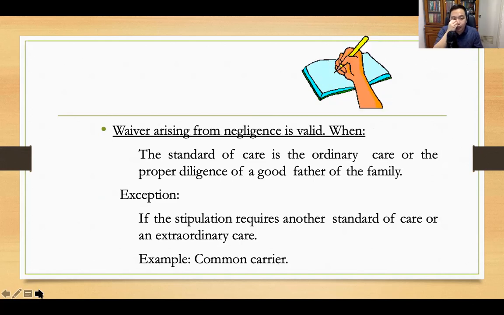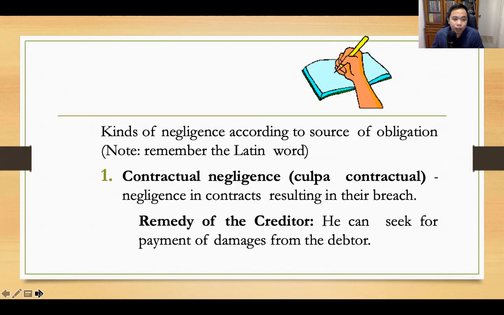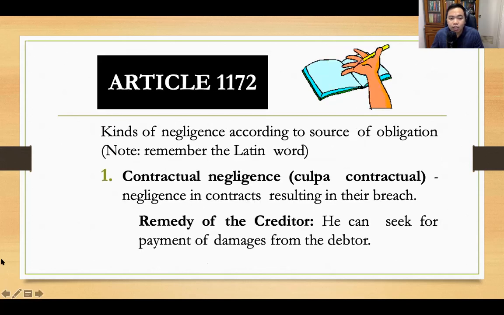Waiver arising from negligence is valid when the standard of care is the ordinary care or proper diligence of a good father of a family, except if the stipulation requires another standard of care, just like a common carrier.